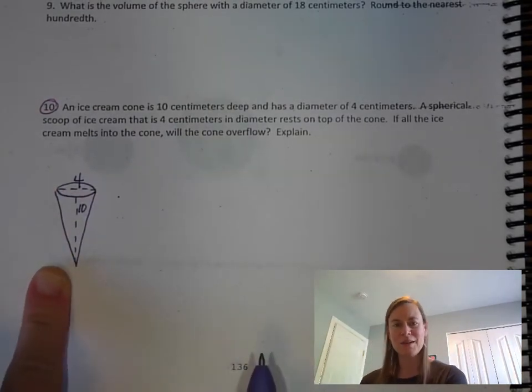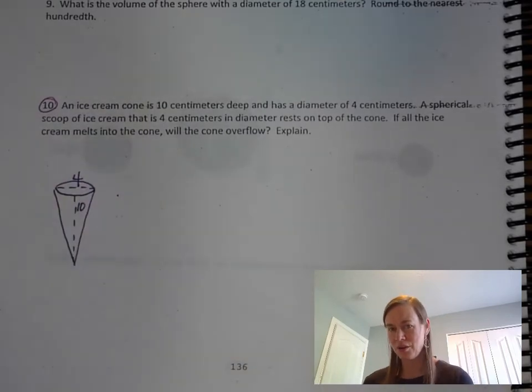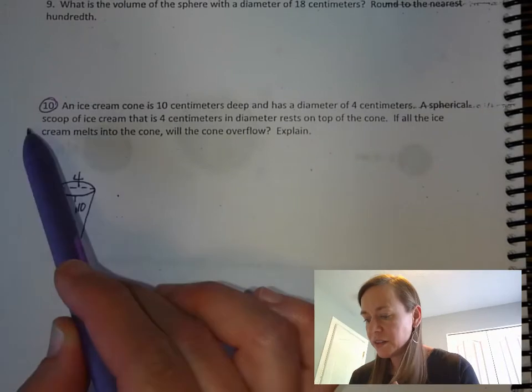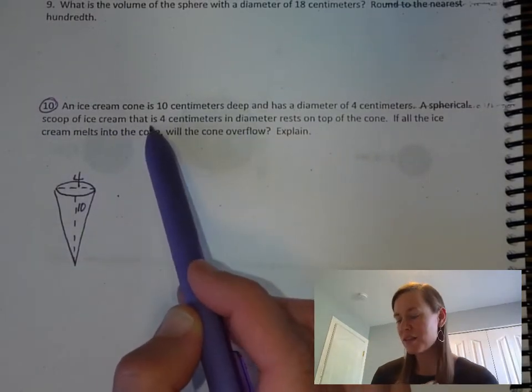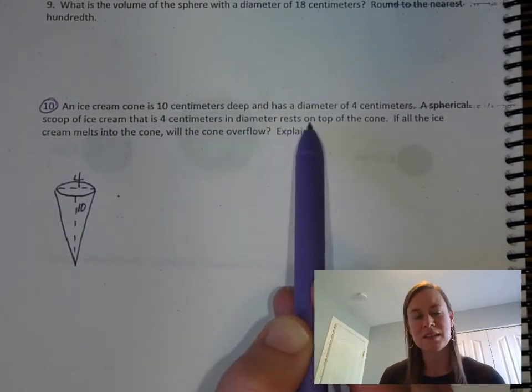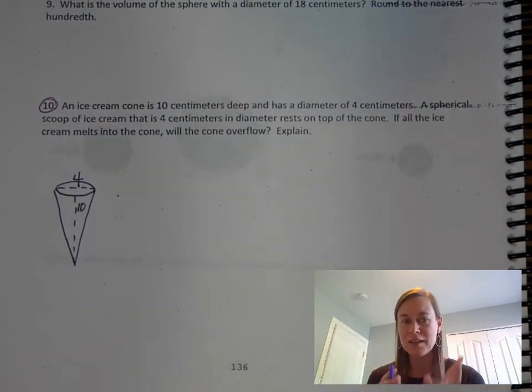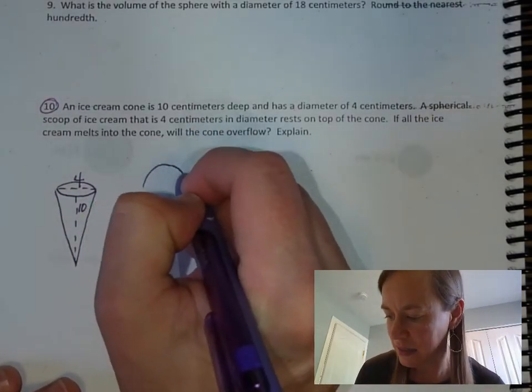Actually, I should keep reading the problem, shouldn't I? Okay, we've drawn our cone. Let's see what this problem is talking about. A spherical scoop of ice cream that is 4 centimeters in diameter rests on top of the cone. Okay, so this sphere, this ball of ice cream is supposed to be on top of the cone, but I'm going to draw it beside just so that I can make it nice and neat.